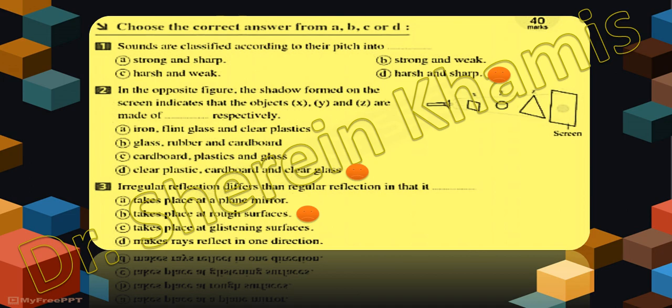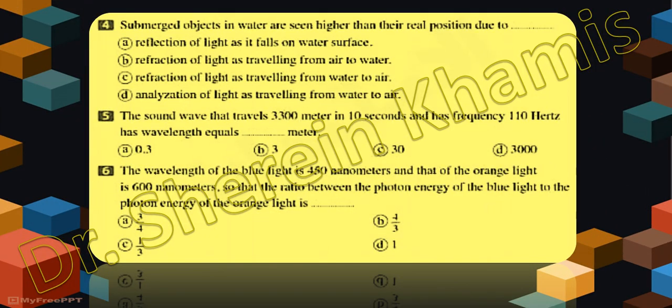Okay, let's go to question 4. Question 4 says that submerged objects in water are seen higher than their real position due to, first, reflection of light as it falls on the water surface, no. Refraction of light as it travels from air to water, no. Here we have the refraction of light as it travels from water to air, not the opposite.